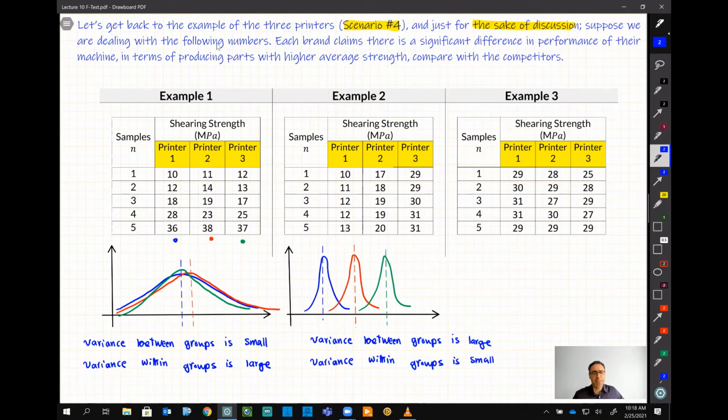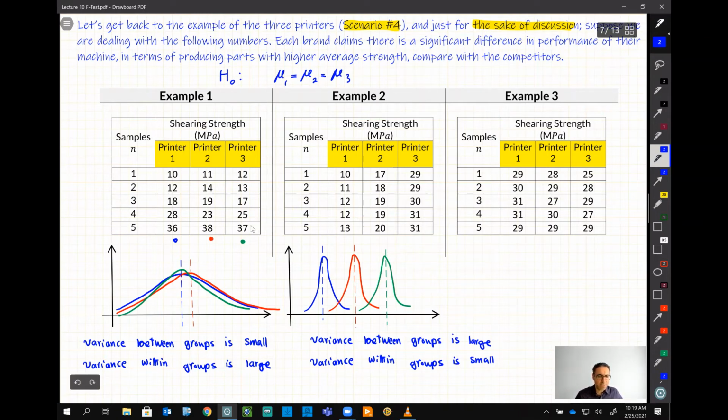And obviously, our claim, let's say our null hypothesis H0, I'm going to write it on the top here, is that mu1 is equal to mu2 and equal to mu3, right? This is our null hypothesis. This is what we are looking to test.